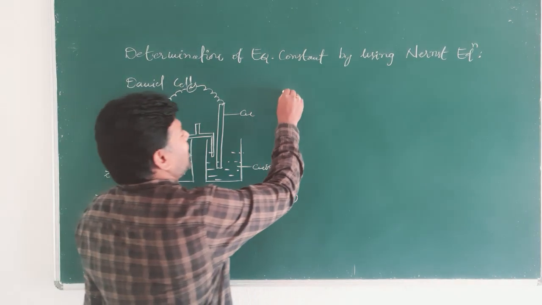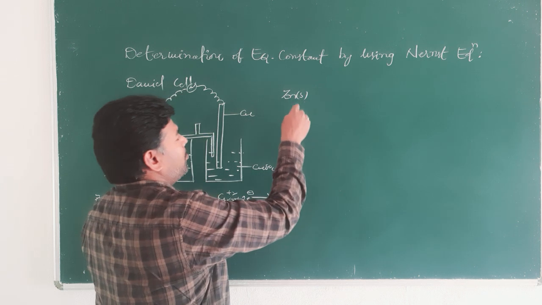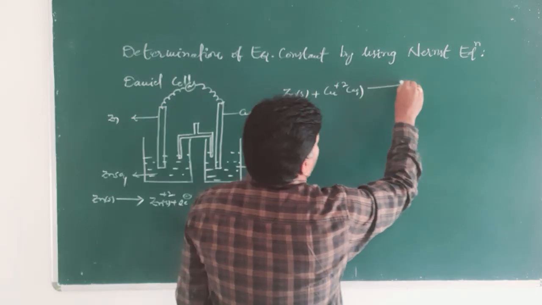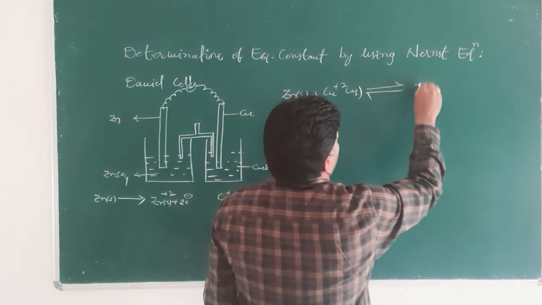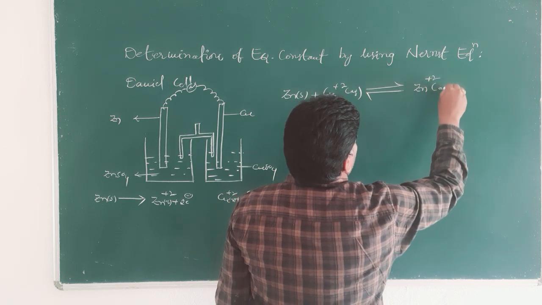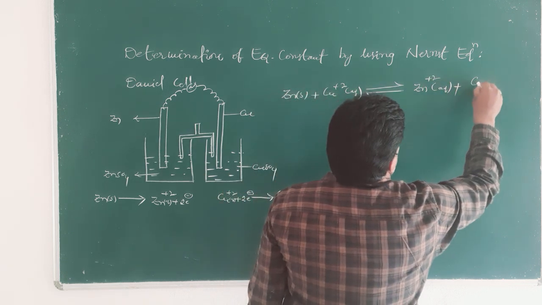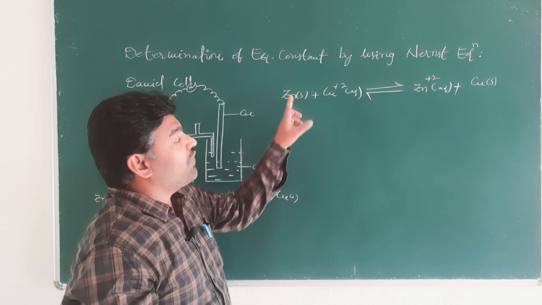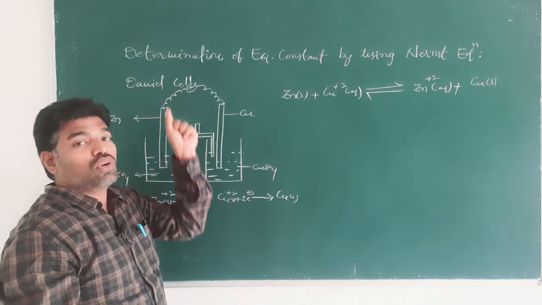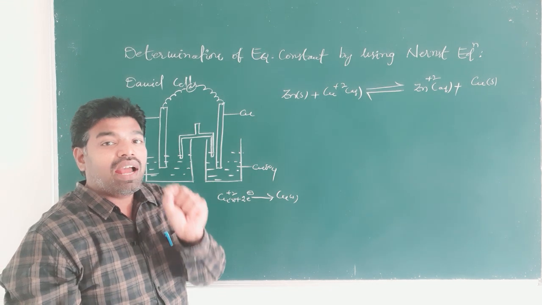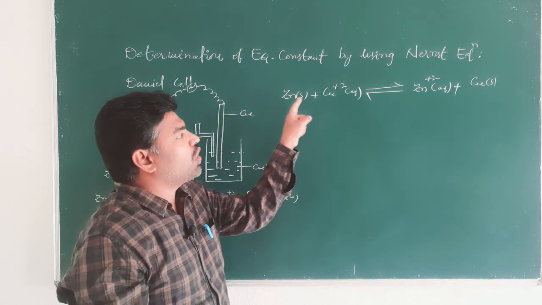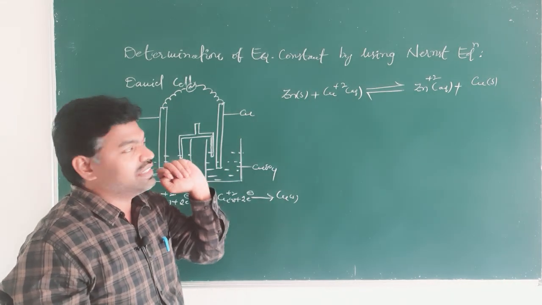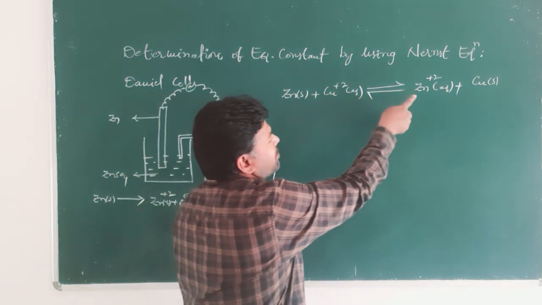That redox reaction is zinc solid plus Cu+2 aqueous, and there exists an equilibrium with Zn+2 aqueous plus copper solid, as zinc undergoes oxidation. And this is a reversible reaction.